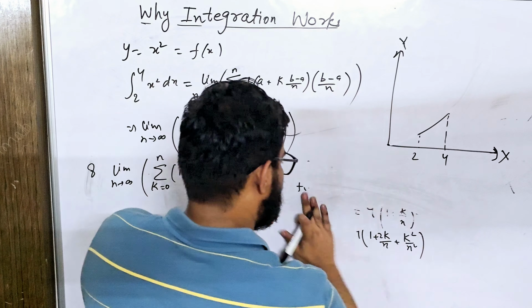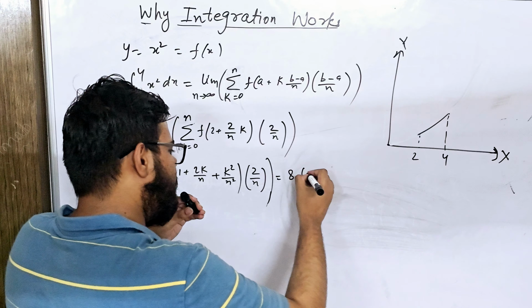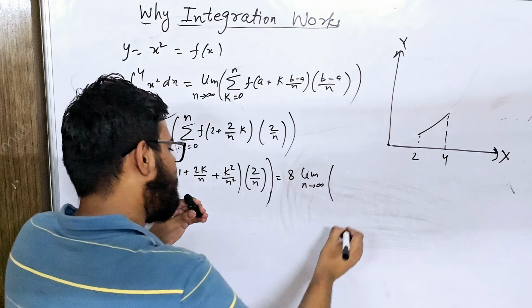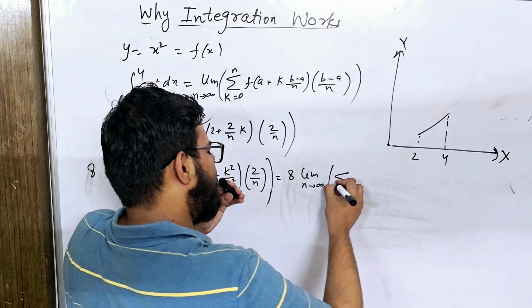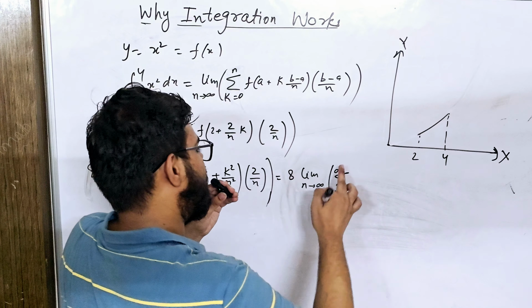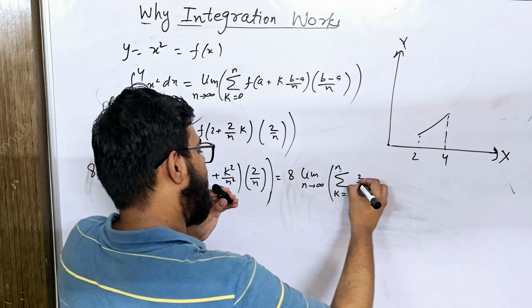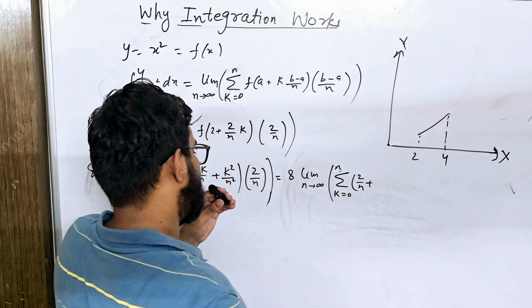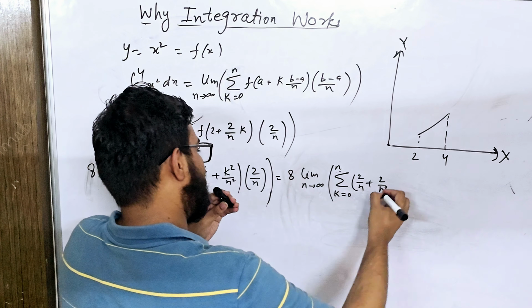Let's see it. So it is equal to 8 times the limit as n tends to infinity. Now let me multiply this stuff over here. So we will get the summation from k equal to 0 to n. Here you will get 2/n plus 2/n squared.